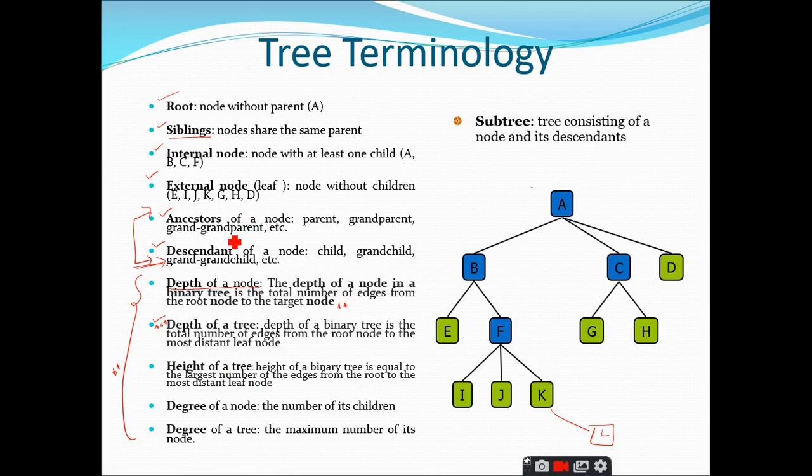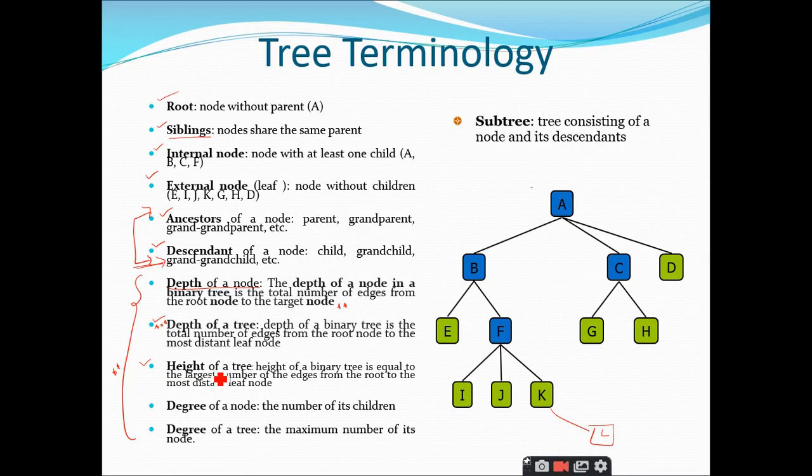So if you understand the concept of depth, we will go for the height. Yes, sir. So here also there exist 2 terms. One is the height of a node and the next one is the height of the tree. Right. So if you carefully observe the definitions of this depth and height, they are equal.